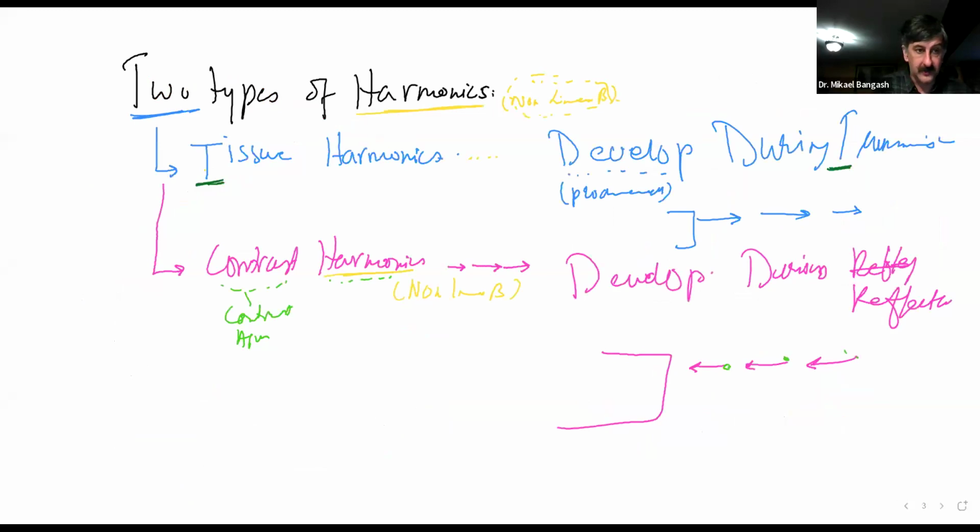These are major points of our harmonics. It's going to be these nonlinear behaviors that they display. That's the main point that we will be talking about as we proceed through this chapter.